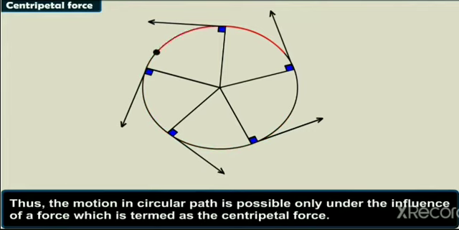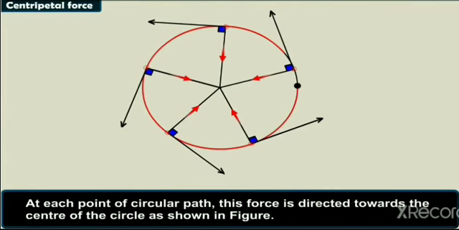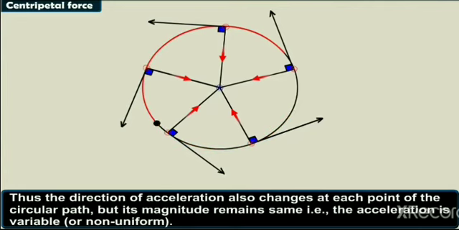Thus, the motion in a circular path is possible only under the influence of a force which is termed the centripetal force. At each point of the circular path, this force is directed towards the center of the circle as shown in the figure. Thus, the direction of acceleration also changes at each point of the circular path, but its magnitude remains the same, that is, the acceleration is variable or non-uniform.